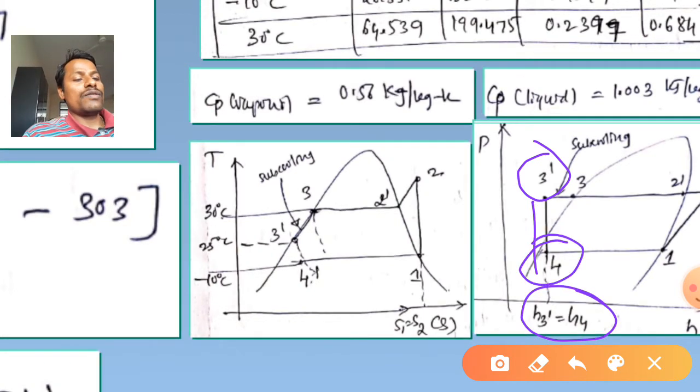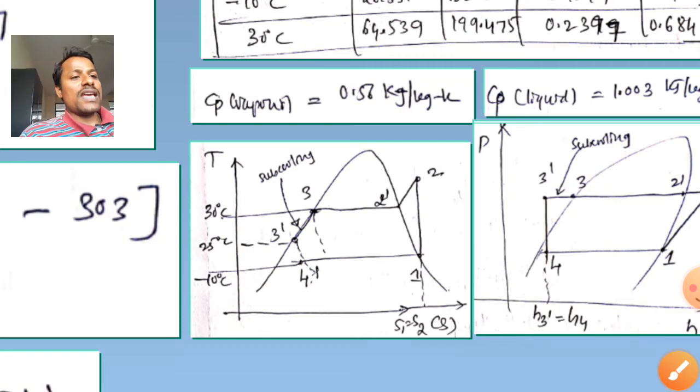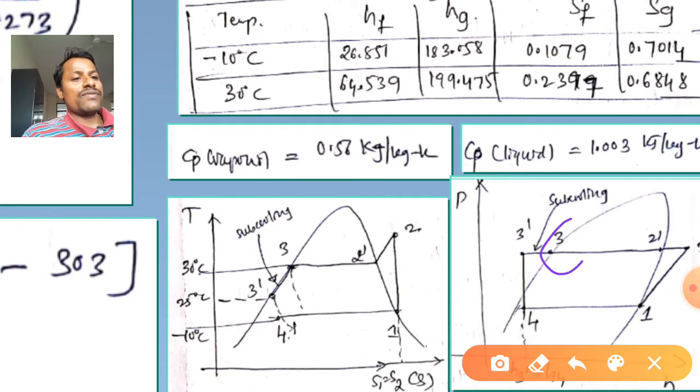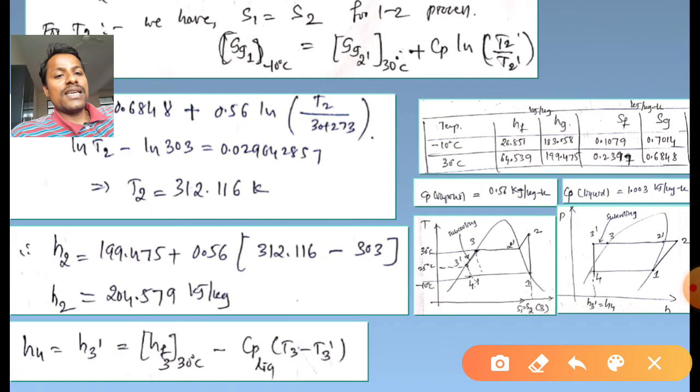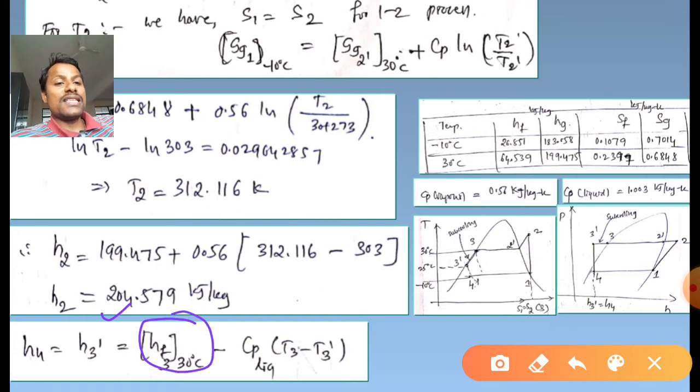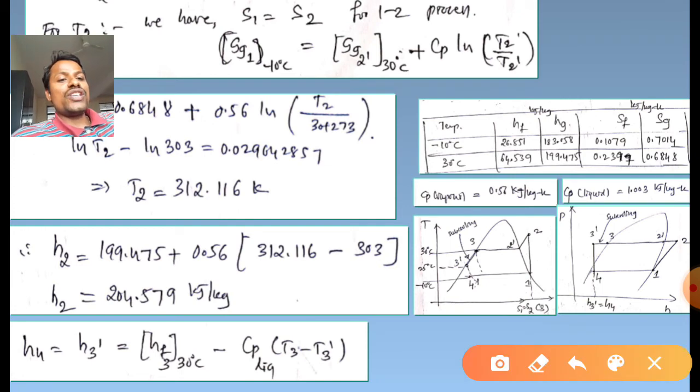The same formula we have written here: H3 dash is equal to HF3 dash, which is equal to H4, which is equal to HF at 30 degree Celsius minus the change in enthalpy, that is Cp times delta T. But what is the state here?